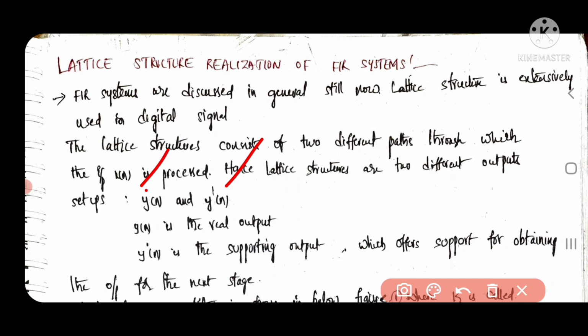Actually y of n output is generally called a real output. Y dash of n is generally called a supporting output, which offers support for obtaining the output for the next stage. So that is the two important conclusions.